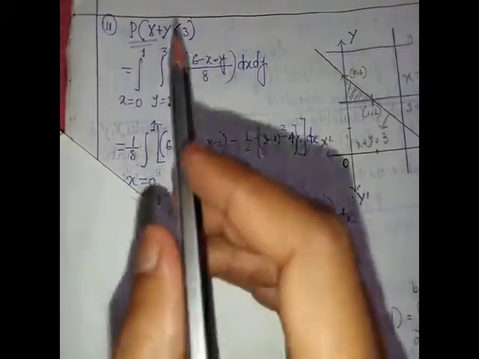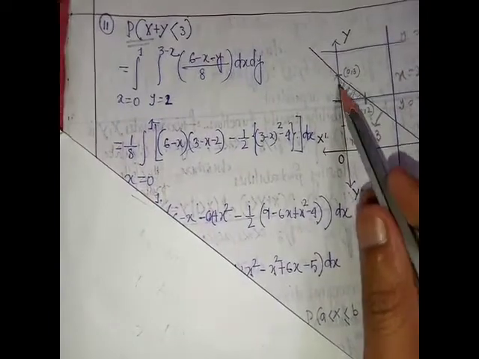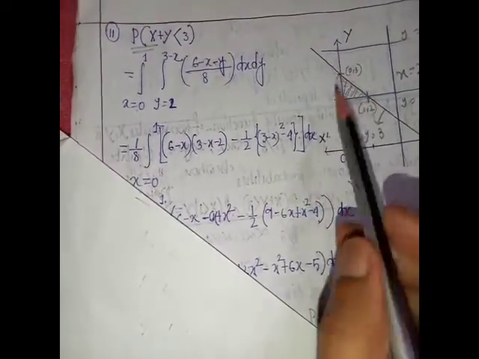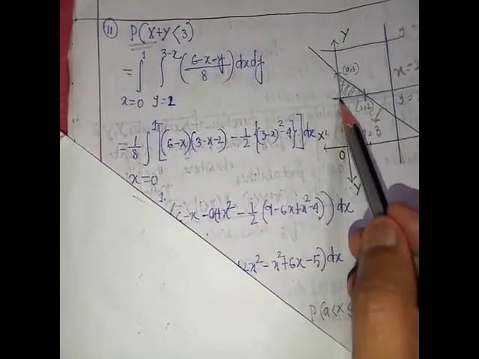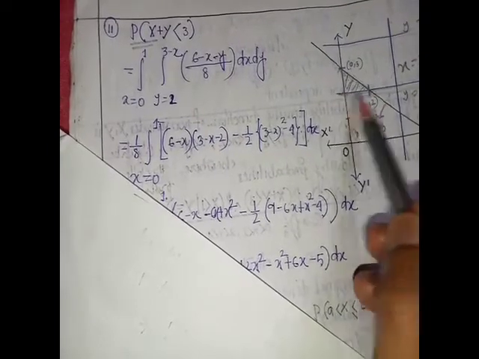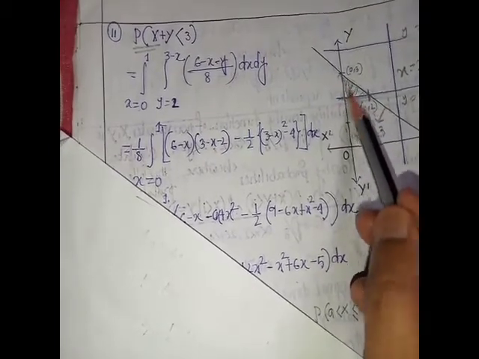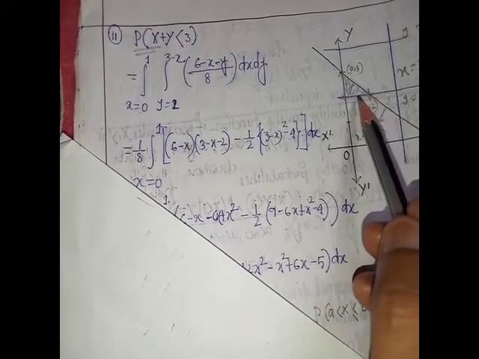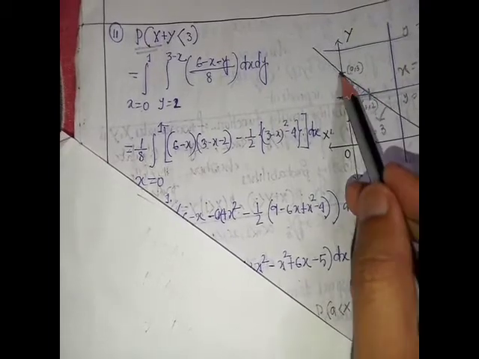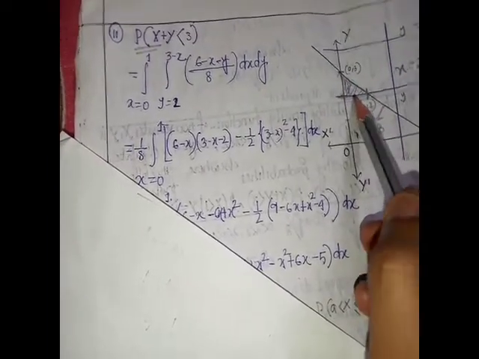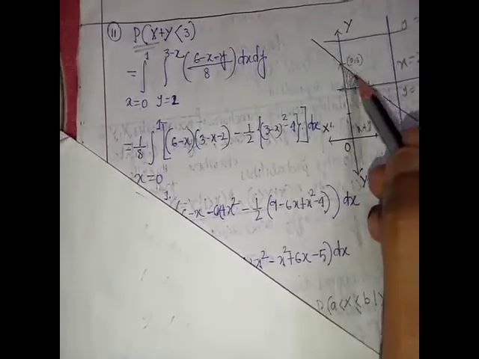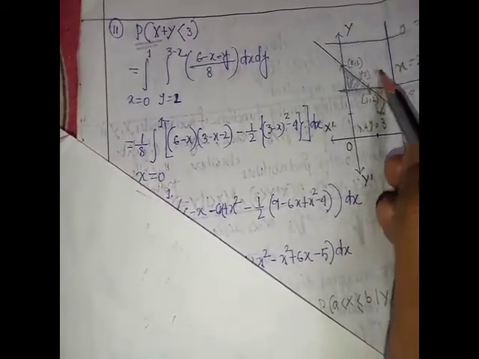So probability of x plus y less than 3 means we integrate these portions. Double integration: the range of x is 0 to 1, and the range of y is 2 to 3 minus x, since the equation of this line is x plus y equal to 3, so y is 3 minus x.